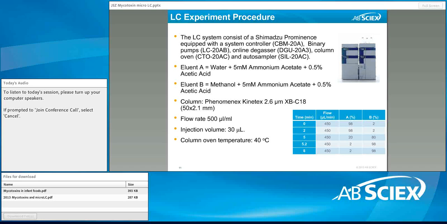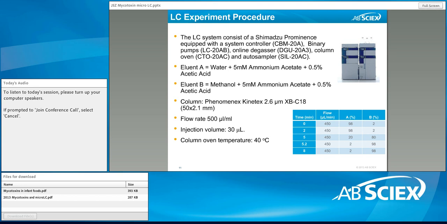For the HPLC, the conditions and the method are listed below. The run is an 8 minute run. We use buffer A, water plus 5 millimolar ammonium acetate and 0.5% acetic acid.